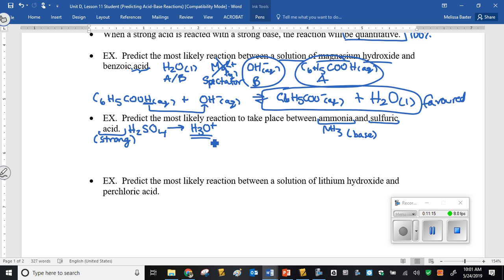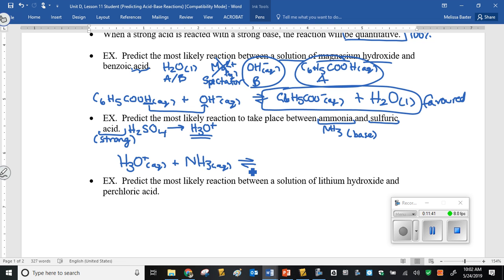So if we were to write this reaction, we would write H3O+ plus NH3. Now I still have an equilibrium here. Even though my acid is strong, my base isn't. The only time we wouldn't write an equilibrium is if both of them were strong.